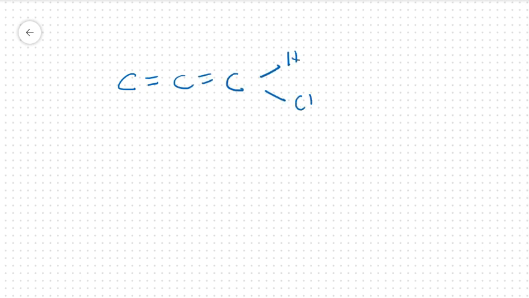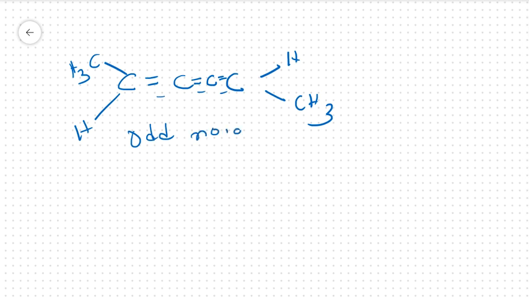Okay, and there is hydrogen, there is CH3, this is CH3 and there is hydrogen. Sorry, there is a mistake I made. So there will be an odd number we are talking about, and this. So 1, 2 and 3, odd number of double bonds.